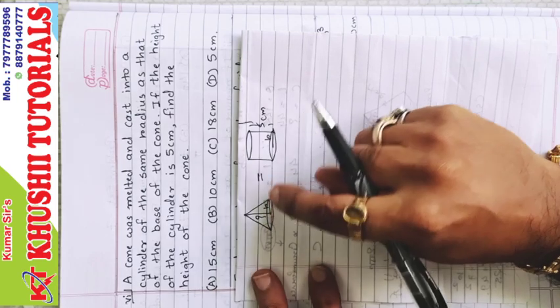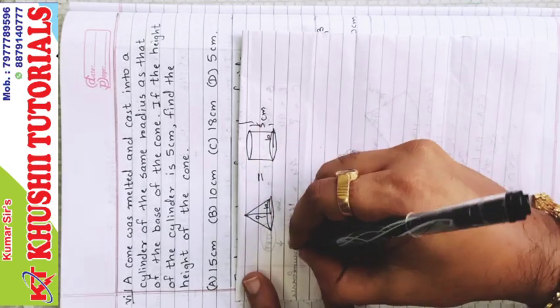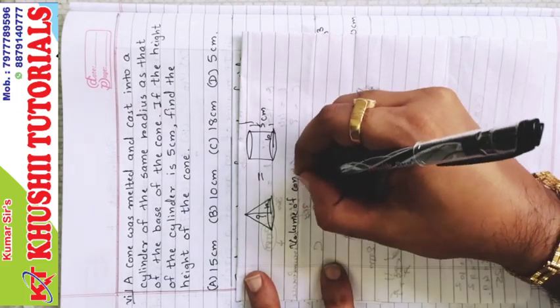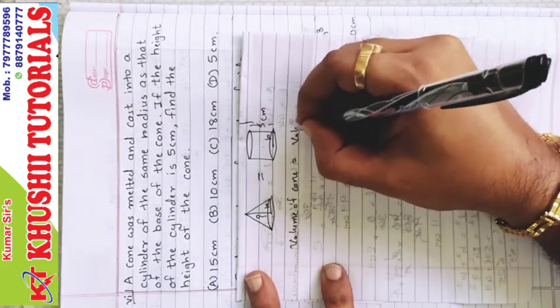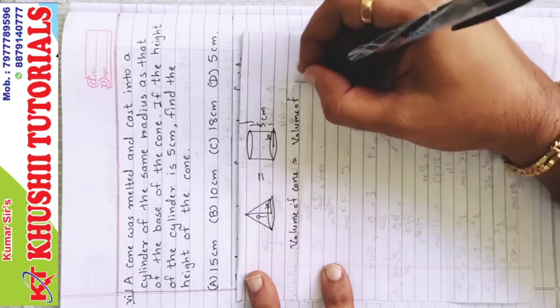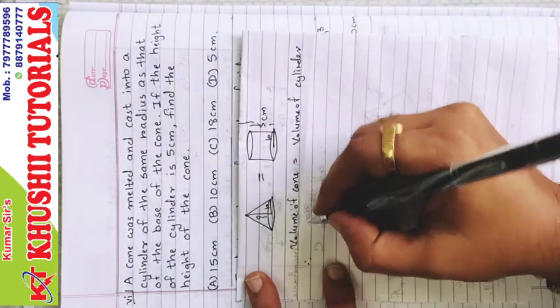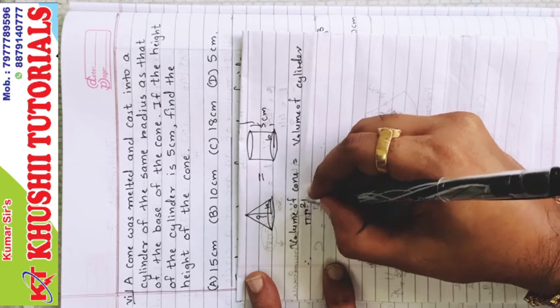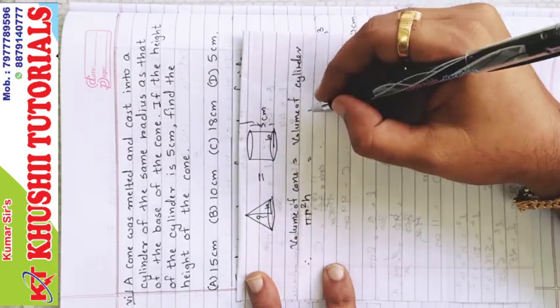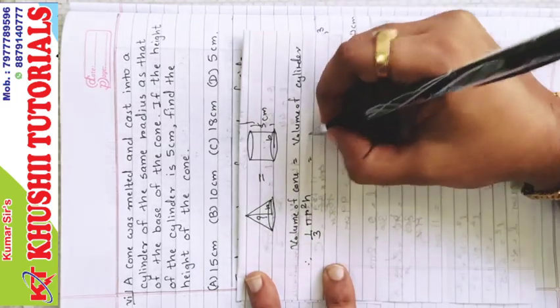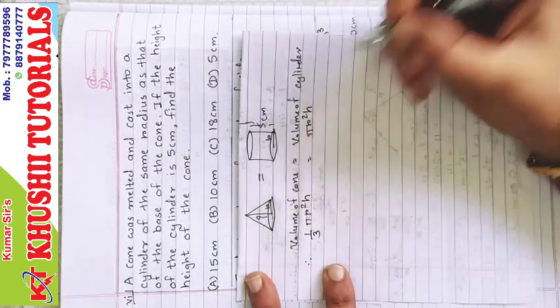Now the cone was melted to form a cylinder. It means volume of cone equals volume of cylinder. Volume of cone is 1/3 of pi r square h, and volume of cylinder is pi r square h.